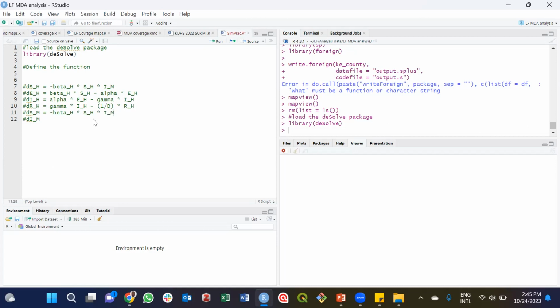I'm doing this so that we understand how these things play out. So beta of mosquito, and then it was the susceptible mosquito biting the infected humans. And then this here will go back to the I. But then because the I of mosquito is fixed for this specific example, they don't change, we use 0.